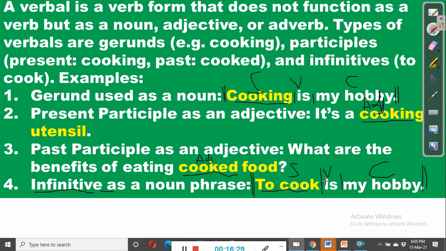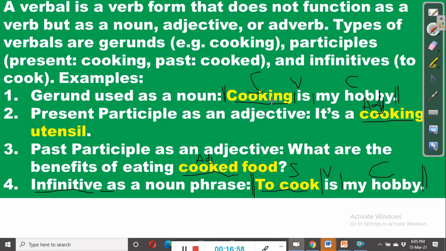No, this is non-finite. And when you are talking of cooked food, again, you cannot change this. Cooked is cooked. When you say cooking here, you can't change it. You cannot say "cooked is my hobby," or "will cook is my," no. It remains unchanged. That is the nature of the verbal, and that makes it cease to function as a verb.